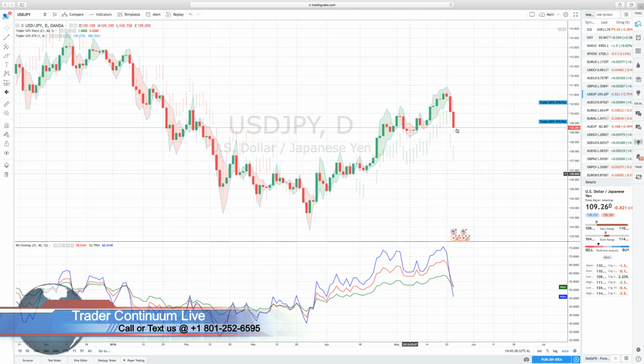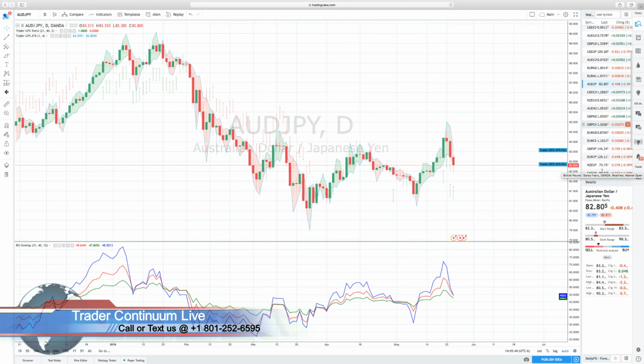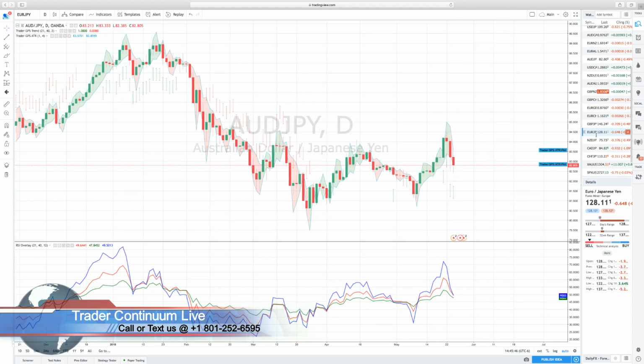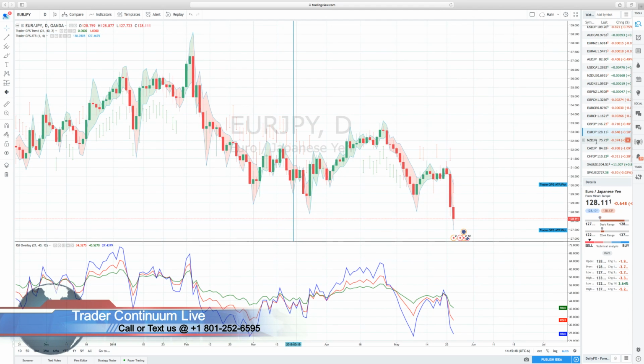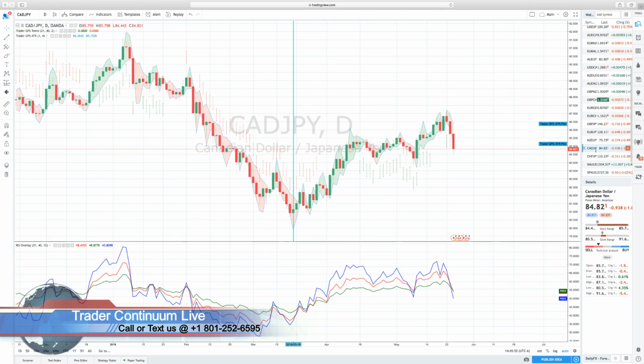On the chart, we can see that the Japanese yen has increased in strength against at least the US dollar. But when we start looking at some of the other currency pairs, like the Australian dollar Japanese yen, the Euro Japanese yen, the New Zealand dollar Japanese yen, and the Canadian dollar Japanese yen, all of these currency pairs are dropping against the Japanese yen.